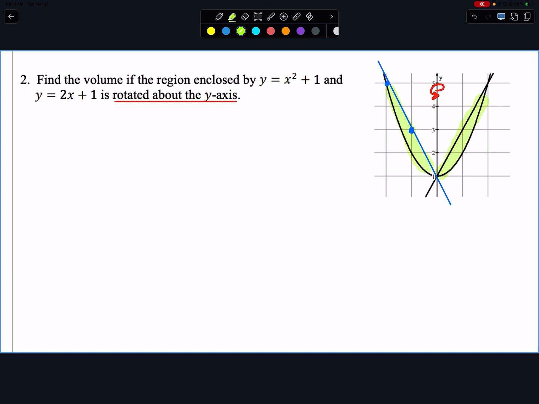Okay, can you guys imagine that all this space right here is empty space? You see that? If I'm spinning this around this axis, it's going to create some shape that looks like this. It's going to be circular, the top's going to be circular, and then it's going to look something like this.